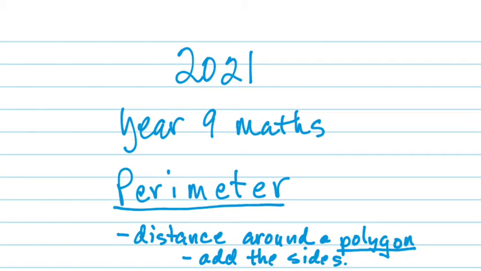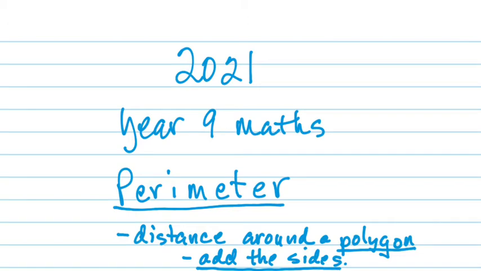So we're going to look at how we can use perimeter and algebra to create some equations. So it's really good practice for our equation solving skills that we were working with before we left for lockdown. So we're going to be looking at some of those problems and looking at how we can make our lives easier by thinking of perimeter, even though you just add the sides to find the perimeter.